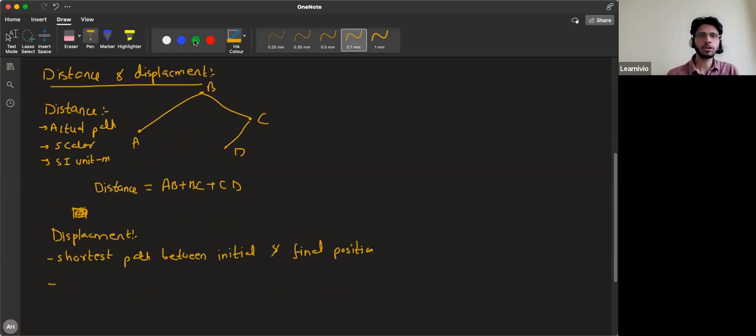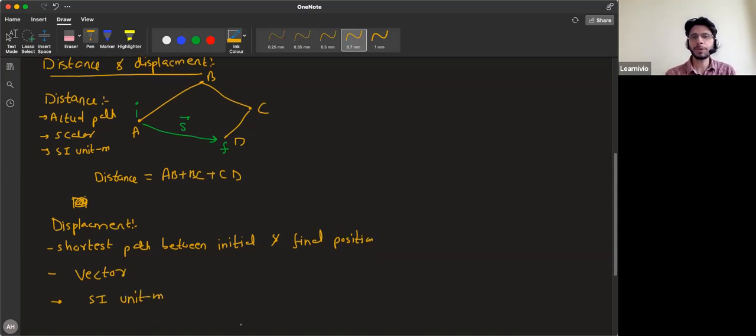So if I call this the initial position and this the final position, then this shortest path is the displacement. Displacement is a vector. So if you have two displacements, you can't add them up algebraically. SI unit is meter. To add displacement, you need vector laws.